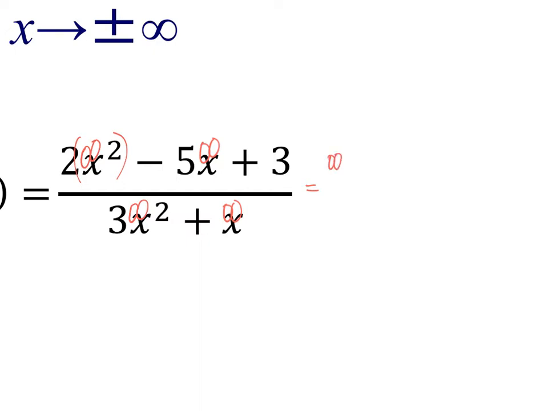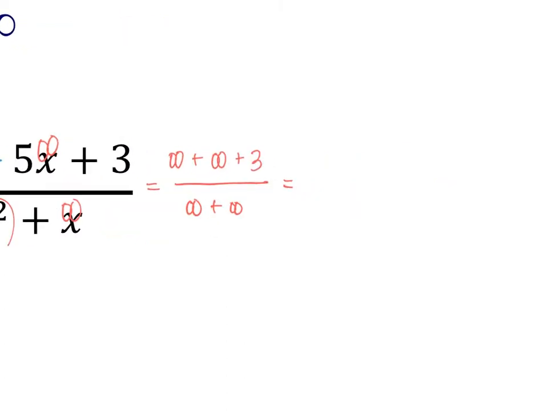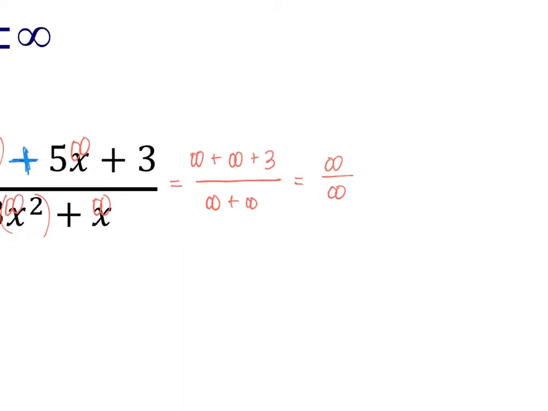That gives me infinity. Plus infinity plus 3 all over infinity squared is infinity. Oh, you know what? There's a typo in this problem. I'm really sorry. Can you make that a positive sign? Okay, there we go. And then plus another infinity. So we end up with infinity plus 3 is still infinity, and then infinity in the bottom. So we have our indeterminate form.